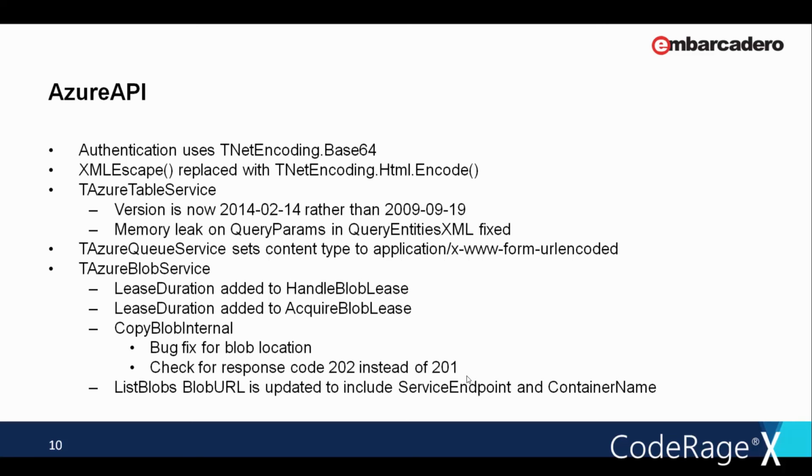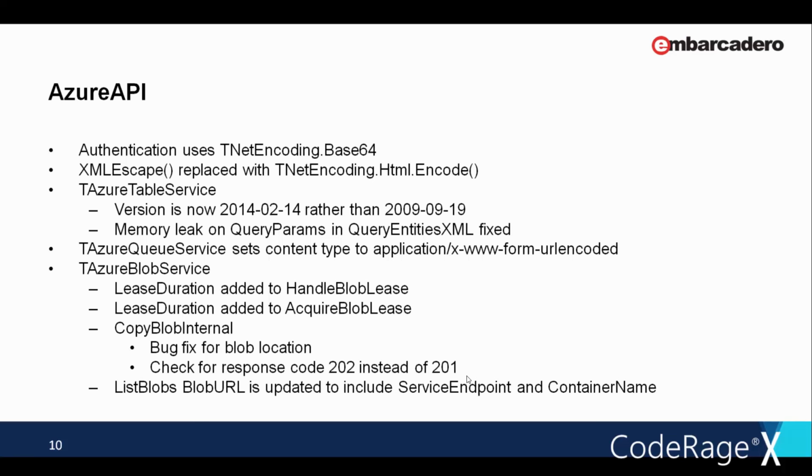The Azure service sets the content type to application form encoded. So if you had some low-level code that was expecting certain types of behavior, that might affect how your interaction with the Azure Queue service behaves.